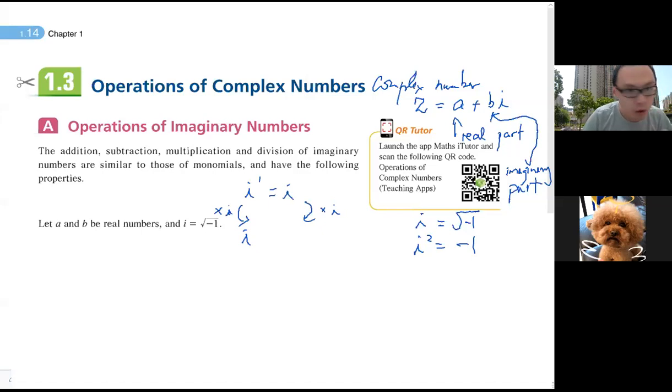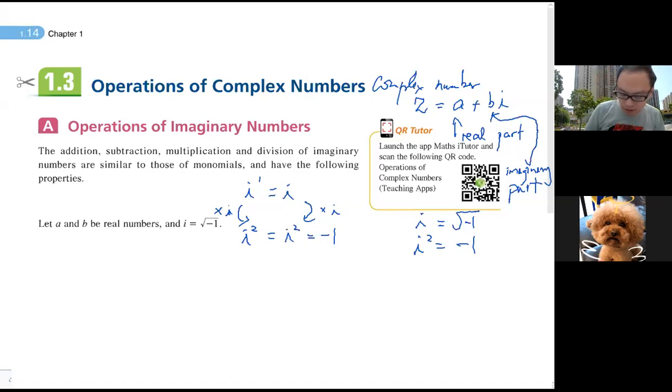I will not simplify the left hand side, but I will simplify the right hand side. The left hand side is i square, because we multiply one more power of i. And of course, the right hand side is also i square, but I will simplify it. It is equal to -1, because we know that i square is always changed to -1.